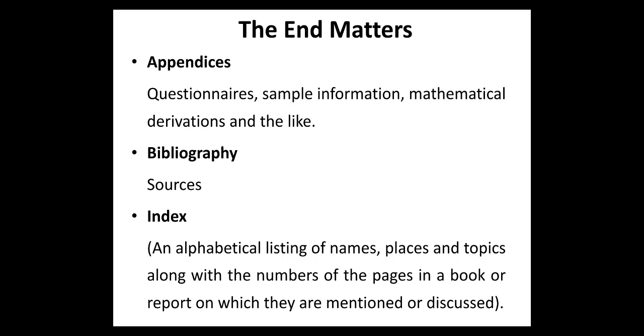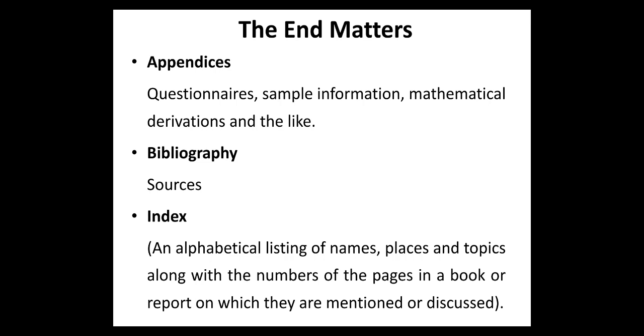Then next one, the end matter. This is the third element in the layout of the research report, after the preliminary pages and the main text. At the end of the report, appendices should be listed, covering all technical data such as questionnaires, sample information, mathematical derivations and the like.